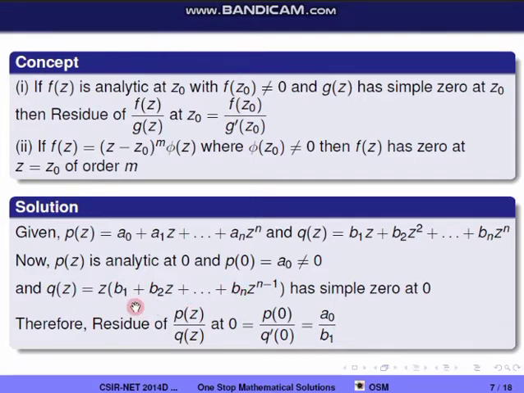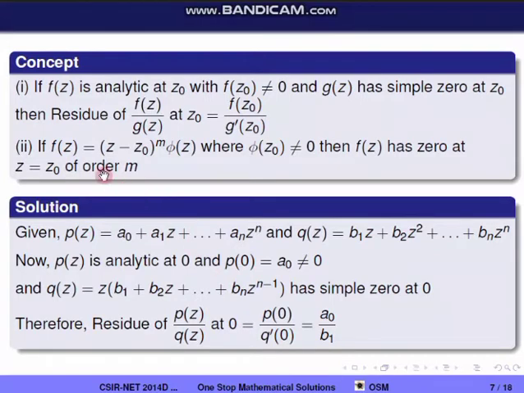So φ(0) is equal to b1, and b1 is a non-zero number. Therefore, φ(0) is not equal to 0. Therefore, Q(z) has a zero at z = 0 of order 1. That is, Q(z) has a simple zero.